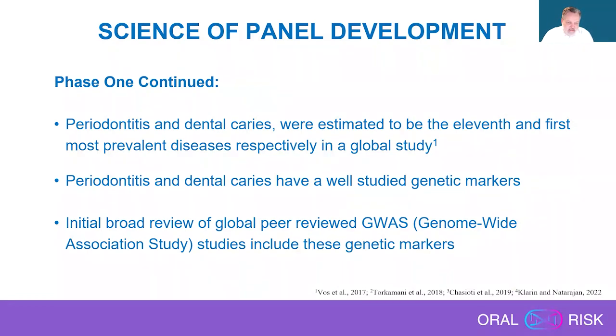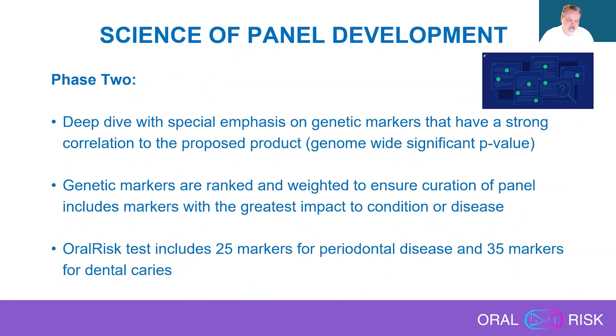We did a broad initial review of the global peer-reviewed genome-wide association studies, and we found that a lot of them included genetic markers for these conditions. That was perfect for setting up a test. Then we went into a second phase, a deeper dive. We looked at the exact genetic markers that have a strong correlation, published correlations with actual disease outcome, which you saw from Dr. Graham.